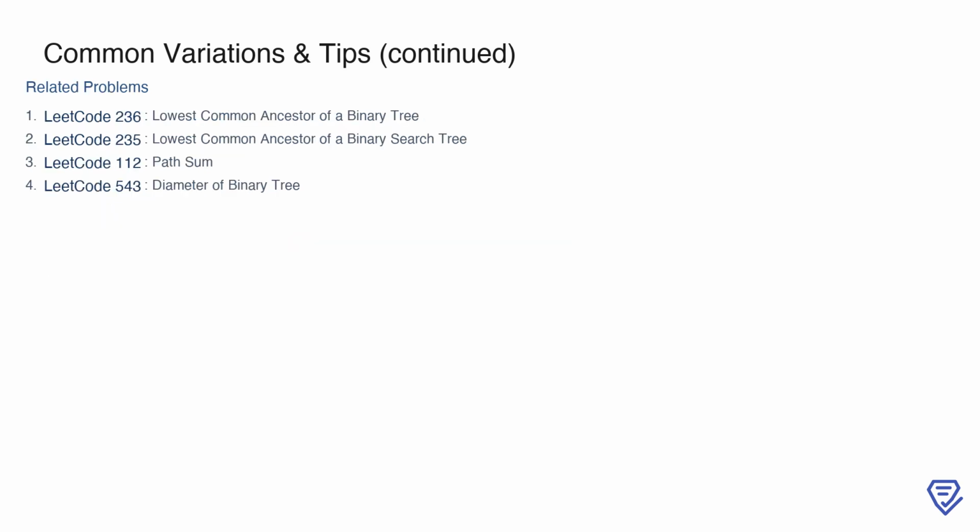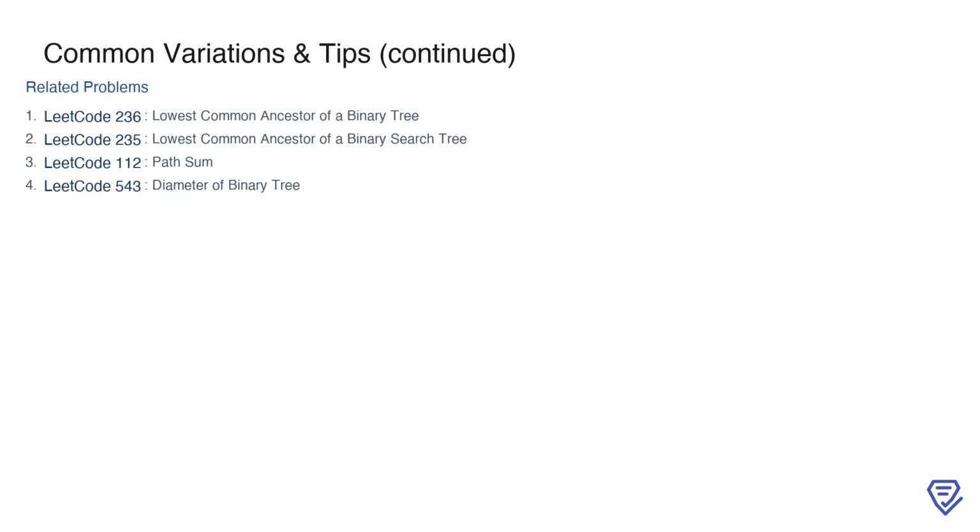This problem is closely related to several others on LeetCode, and understanding these can deepen your grasp of tree-related algorithms. For example, LeetCode 236, which we're discussing, finds the lowest common ancestor in a generic binary tree. LeetCode 235, on the other hand, focuses on the lowest common ancestor in a binary search tree. The constraints of a BST allow for a more optimized approach in that case.